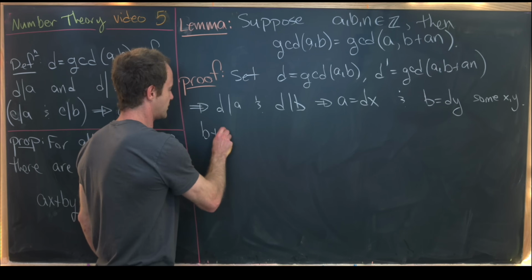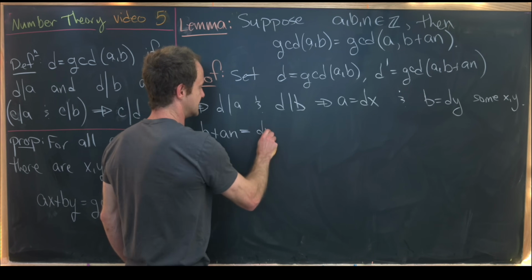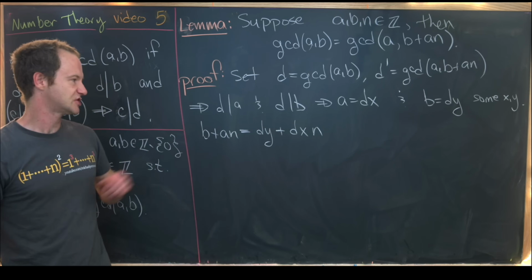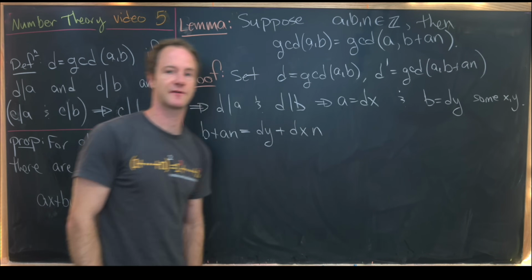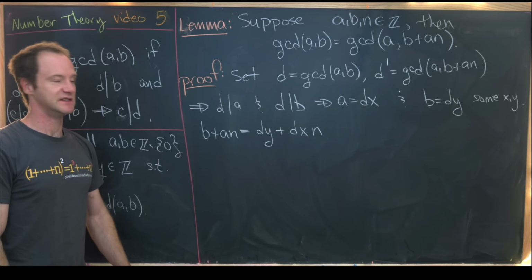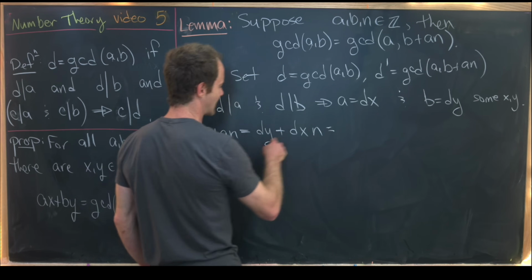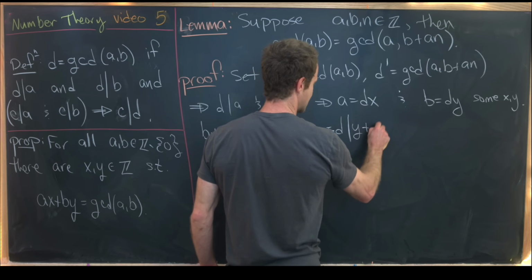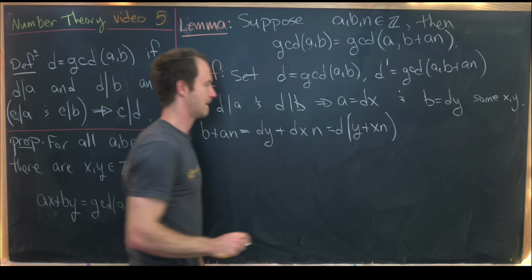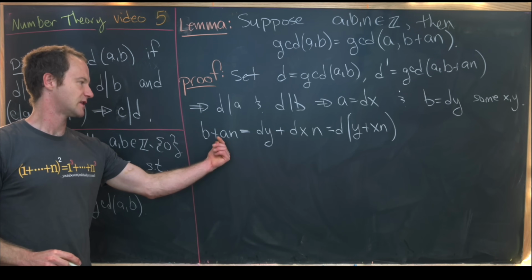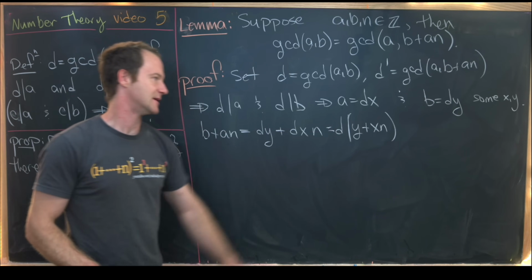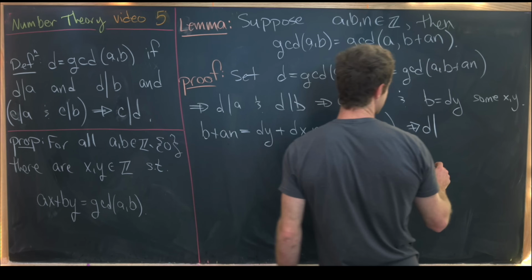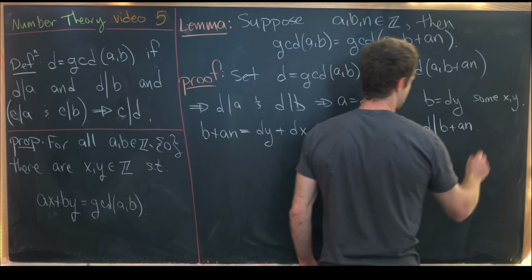So notice that b plus an is equal to dy plus dx times n. That's just from using this substitution for a and b, which we got because of this divisibility condition. But we can factor a d out of this, giving us d times the quantity y plus xn. But the fact that we can write b plus an as d times some other integer is exactly what we need to say that d divides b plus an.